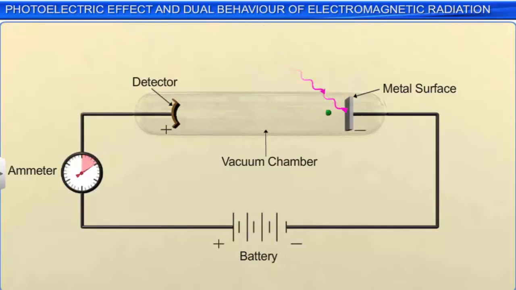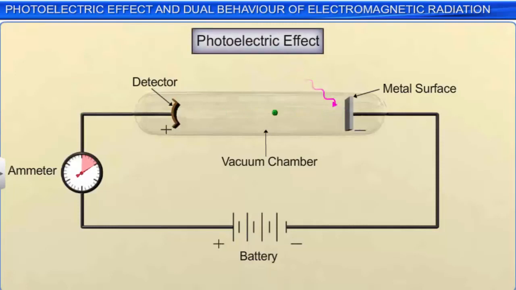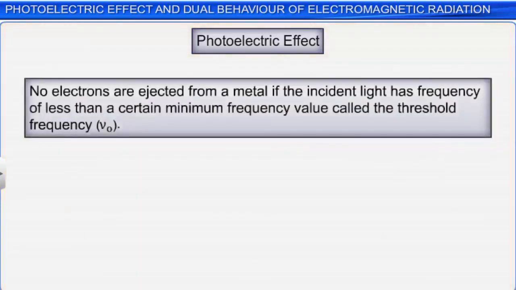This is called the photoelectric effect. The electrons thus emitted are called photoelectrons.